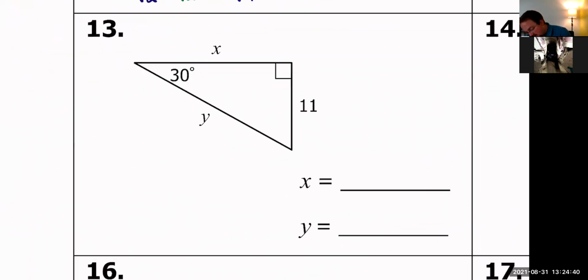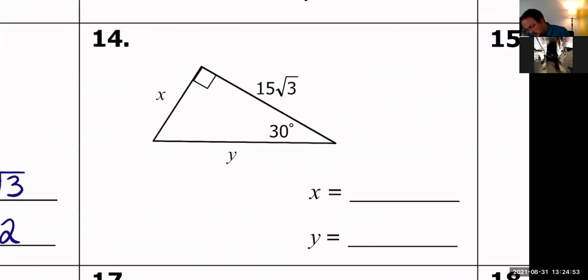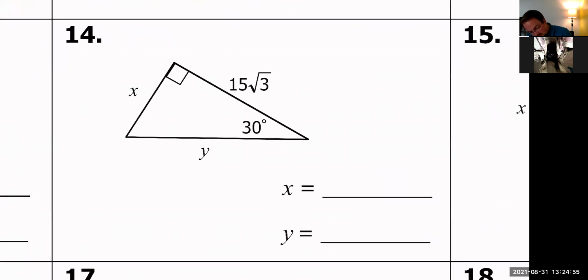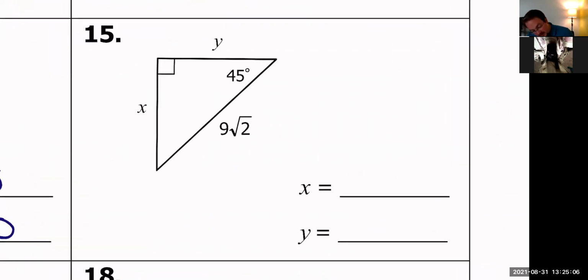Number 13, x is 11 times the square root of 3. Y is 22. X is 15. Y is 30. Number 15, x is 9. Y is 9.